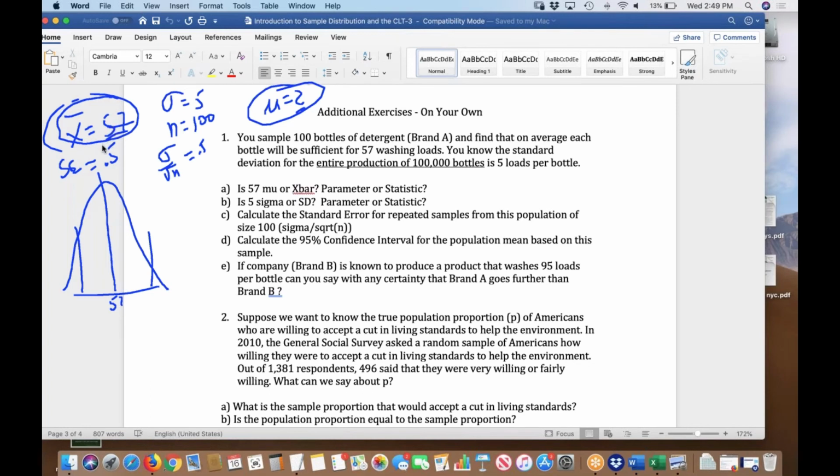Perhaps I can say to myself, well, I know that when I take a sample size of 100, I should get a result for my sample mean that, with 95% certainty, is within 2 standard deviations of the value that I wind up getting, right?